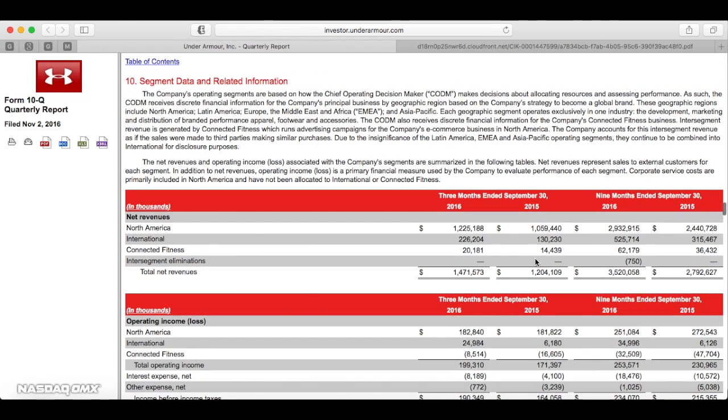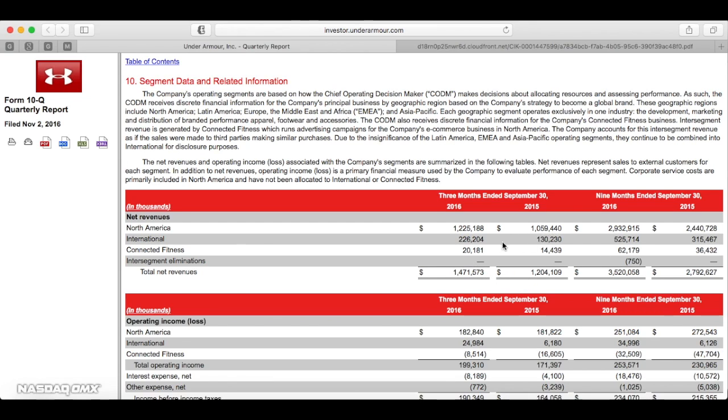We've noticed here net revenues in North America, they're about the same over the last 3 months, even year over year. Yeah, it's changed here, 500 million. That's a lot. But it looks like to me these numbers are starting to reach scale for Under Armour. I don't want to say they're peaking, but Under Armour's reaching some scale here in North America sales. But we noticed these international sales, they went from 315 to 525.